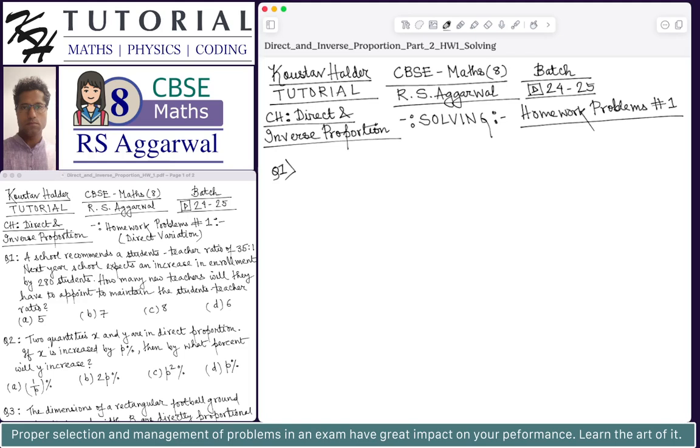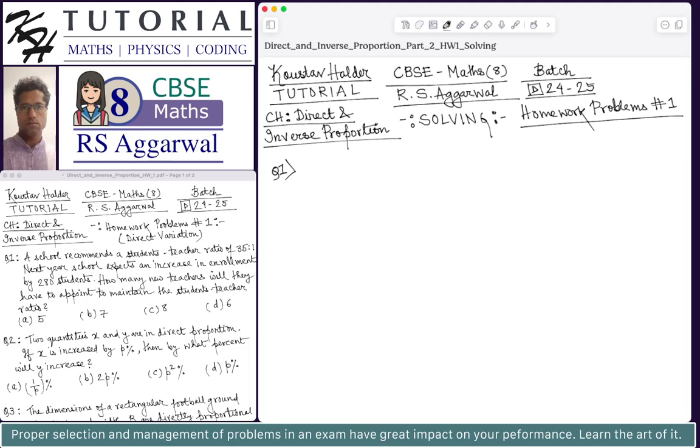Okay. So as you can see, it says that a school recommends a students teacher ratio of 35:1. Since we have discussed the theory of direct variation of two quantities, we have given the names x and y to the two quantities which are in direct variation.